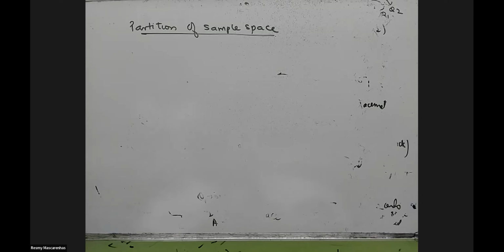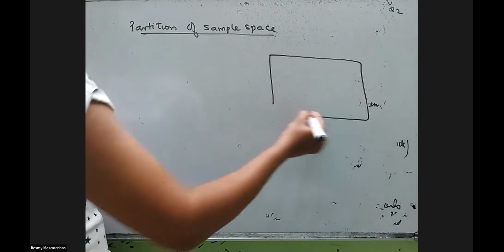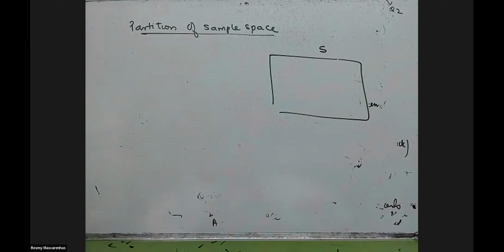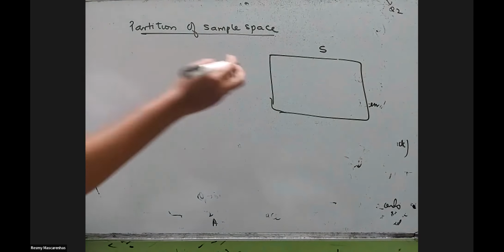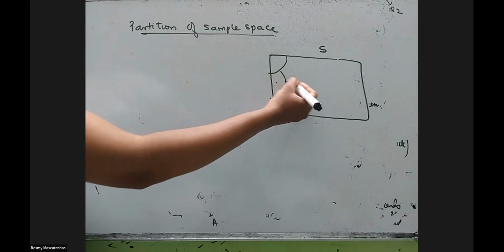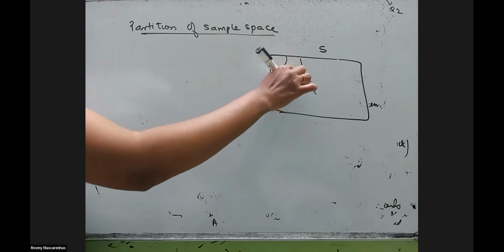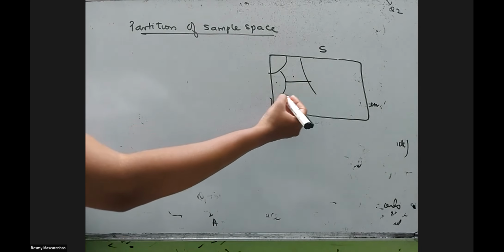Those are smaller parts. So if you want to draw it as a diagram, this whole box is the sample space. I'll consider the sample space as a rectangular box, and I'll divide this into small events. Maybe this is for even numbers, this for odd numbers, this for prime numbers, this for numbers greater than 3, like that.